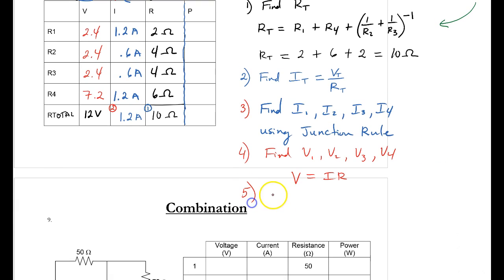And step 5, find power using power is equal to voltage times current.